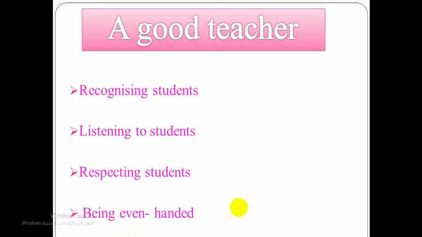Here, when we are saying a good teacher is recognizing students, this means that a good teacher is someone who knows students' names. Students want their teachers to know their names rather than, say, just pointing at them.